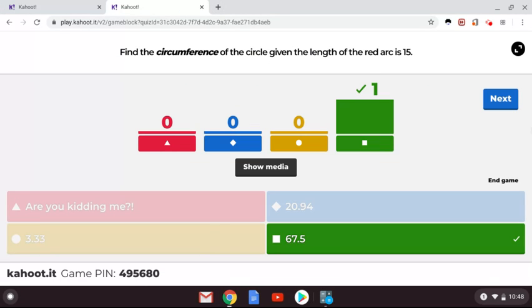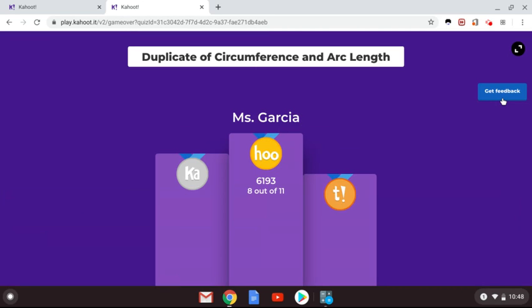Alright guys, so that was pretty much it for the game. Just keep playing the game, and it shouldn't be too difficult at this point. I think the only thing that maybe would be a little bit harder to remember was definitely the arc length formulas that we did in the very beginning of chapter 11.